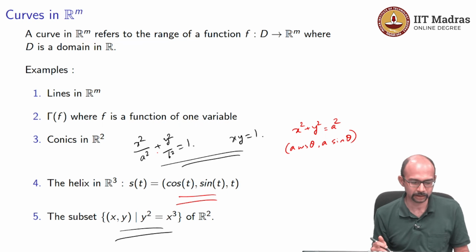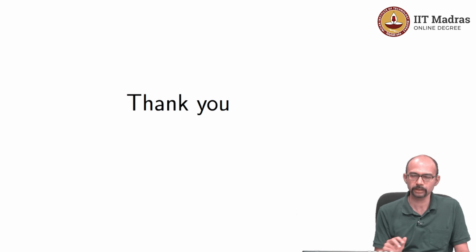Okay, so let us just summarize what we have seen in this video. We have seen multivariable functions. In particular, we have seen scalar valued multivariable functions and vector valued multivariable functions. We saw that we could do arithmetic operations on these, specifically addition and subtraction, and when they are scalar valued, you can actually multiply and divide as well.